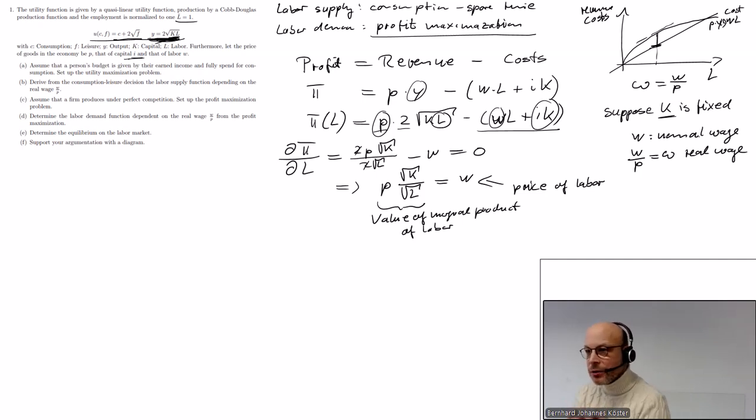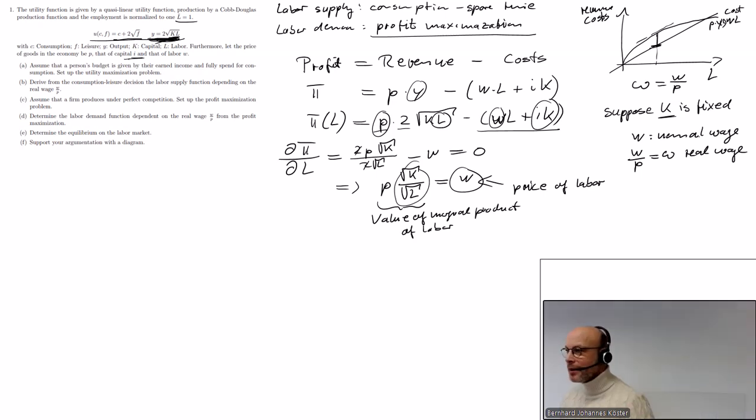How much do you increase your output? This is just this derivative times P. So this is the additional revenue a worker is creating. What is the right-hand side? The right-hand side is the cost of this worker, so of course also the additional cost.